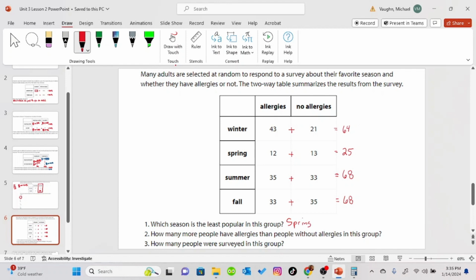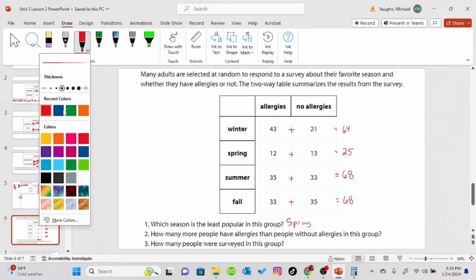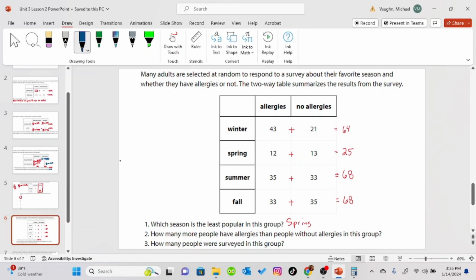Number 2. How many more people have allergies than people without allergies in this group? So now we need to add everyone who has allergies. 3 plus 2 is 5, plus 5 is 10, plus 3 is 13.